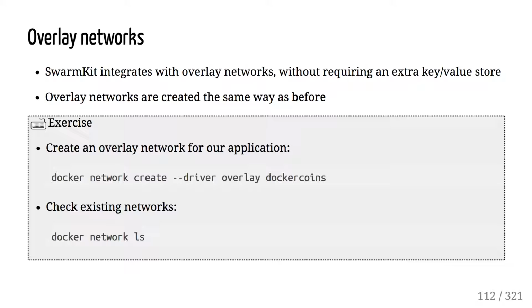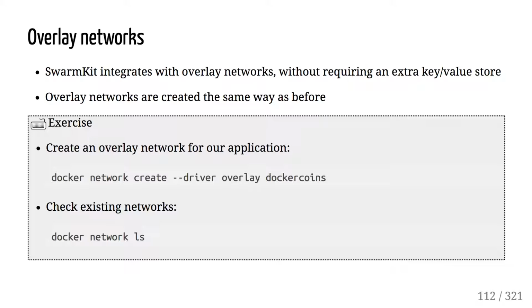This VXLAN protocol, it's not something Docker specific at all. I can't remember if this was started by Cisco or by another equipment vendor, but it's something backed by a bunch of equipment vendors. There is a VXLAN implementation in the kernel, and that's the thing that Docker is using.